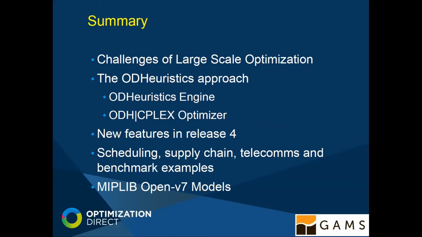ODH comes in two sort of packages. One is a heuristics engine, which we call the ODH heuristics engine, and the other is a version of CPLEX within which ODH runs and helps.